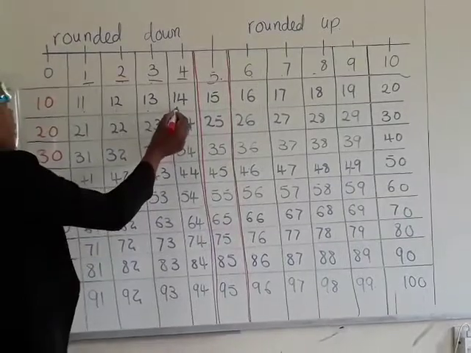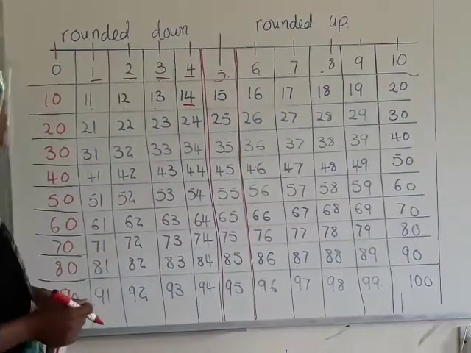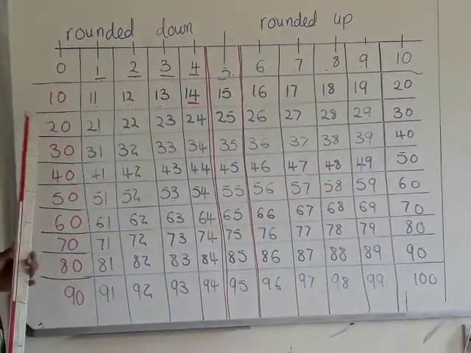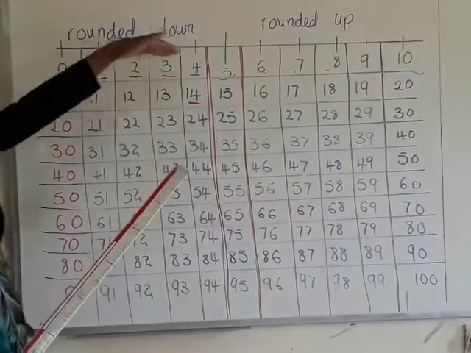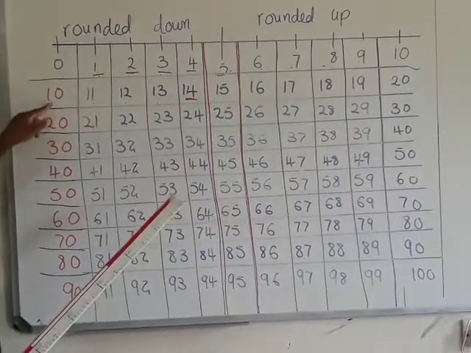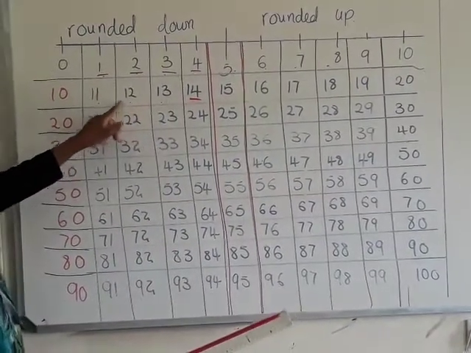So we are here at 14. Is 14 rounding up to 20 or to 10? You will see that with the clue that I've given you up here, 14 is rounded down to 10. Or you can say 14 is nearest to 10.